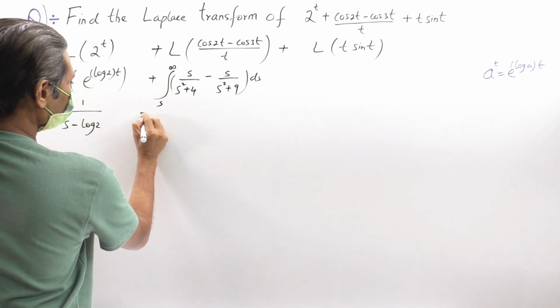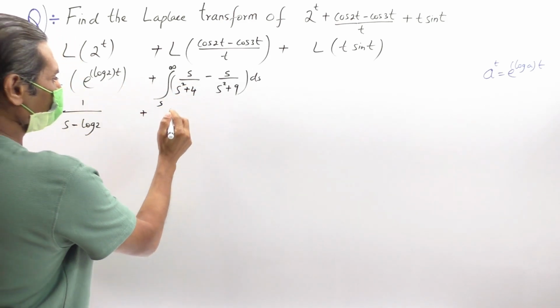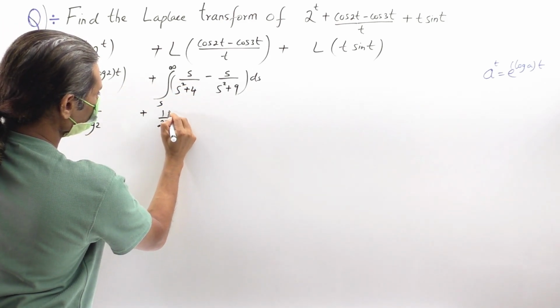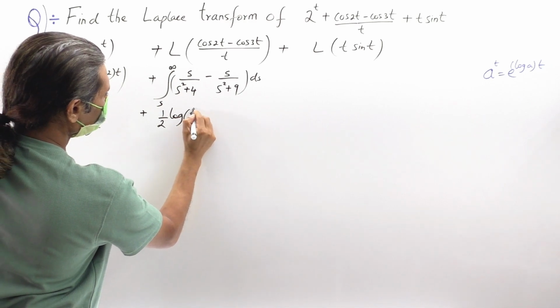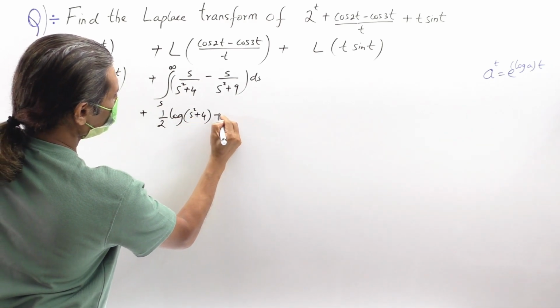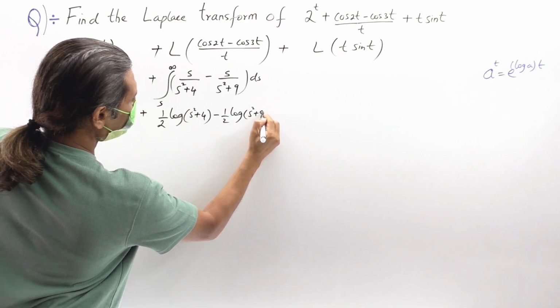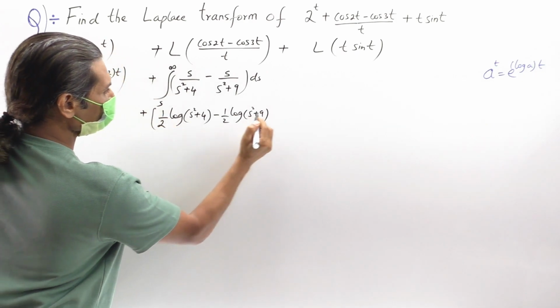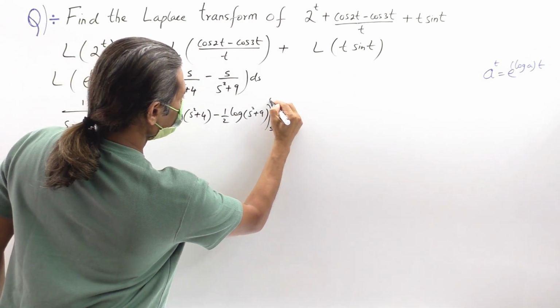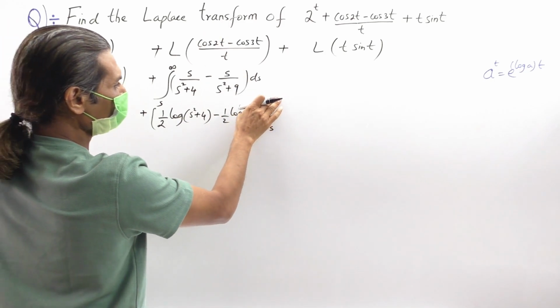So when I integrate, this will be 1 by 2 log of s square plus 4 minus 1 by 2 log of s square plus 9, and the limits are s to infinity.